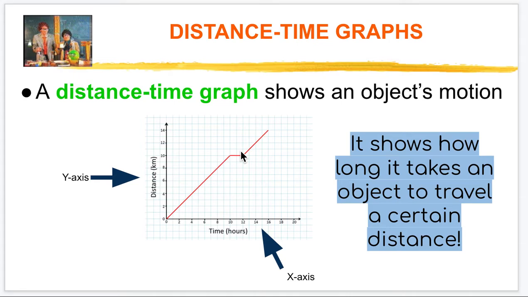Now in this case, you can look either one. So like right here, I know in 4 hours, go straight up, they have gone 4 kilometers. And if I keep looking at that, I can figure out a speed that they're going.